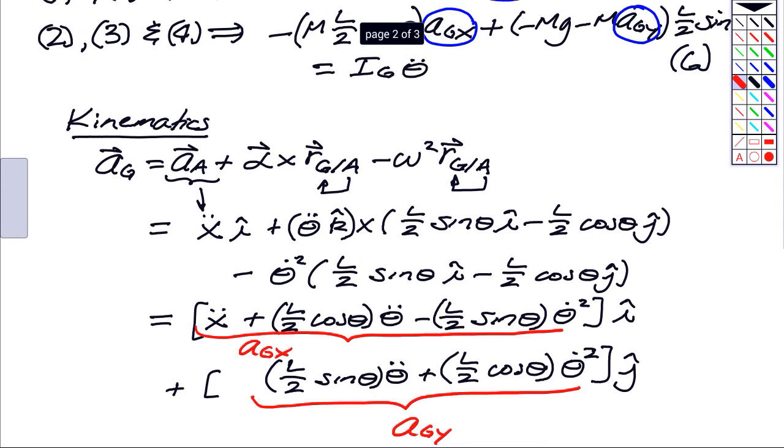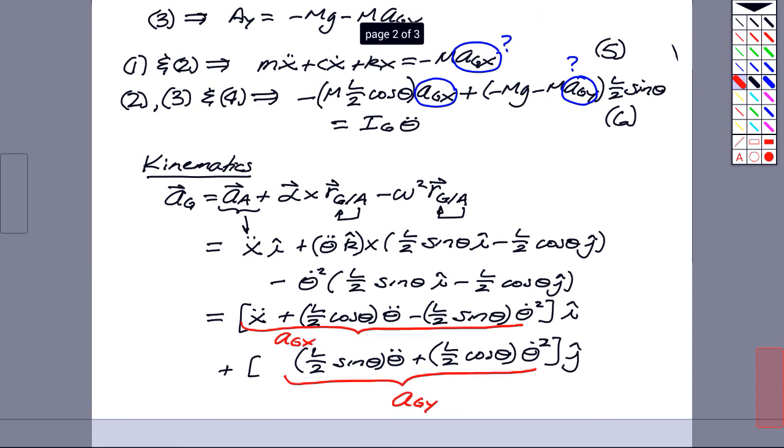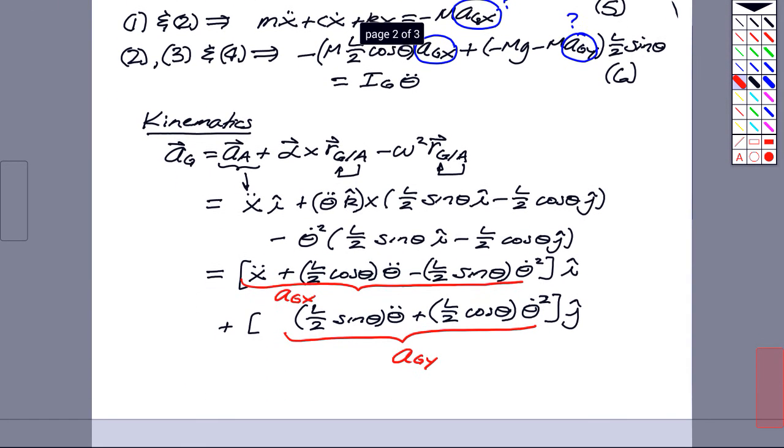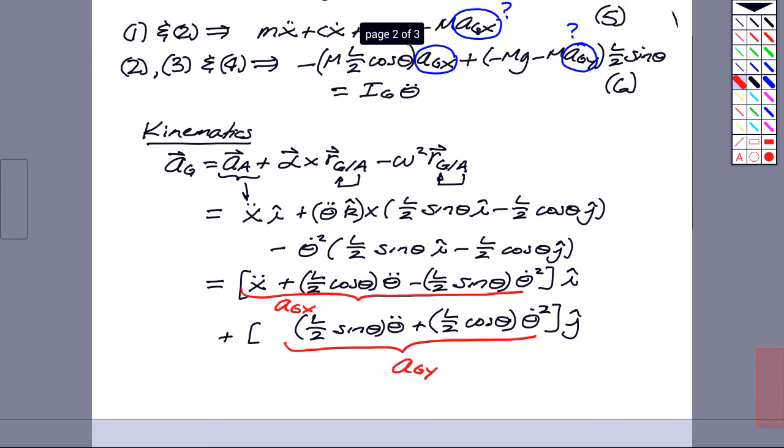So what I need to do is maybe zoom this in just a little bit so I can see more of my equations, because what I want to do is to combine these equations with the kinematics.